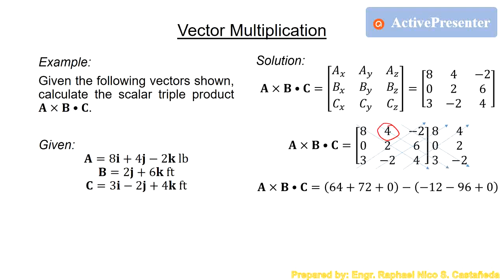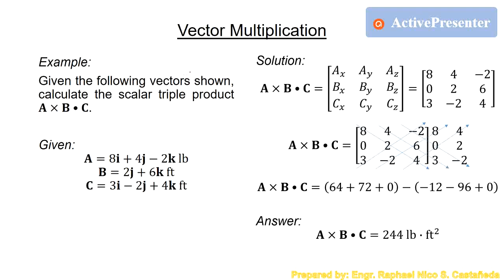Then 4 times 6 times 3, we have 72. Negative 2 times 0 times negative 2, we have 0. Then minus, and the quantity 3 times 2 times negative 2 is negative 12. Negative 2 times 6 times 8 is negative 96. 4 times 0 times 4 is 0. Calculating the answer, we have 244 pound-feet squared.